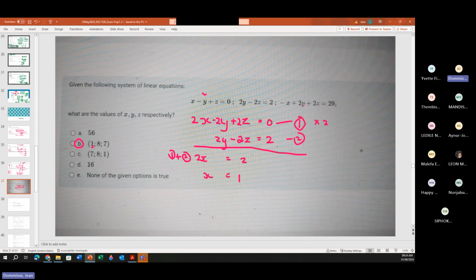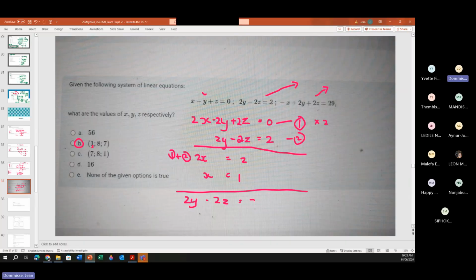So what I would have done now with this one is to say, let's look at that formula, and let's look at this formula, and let's see what we get out of that. So we've got 2y minus 2z is equal to 2.